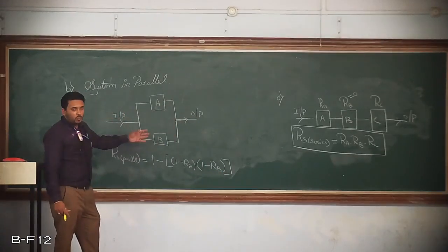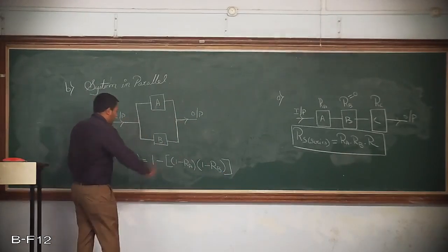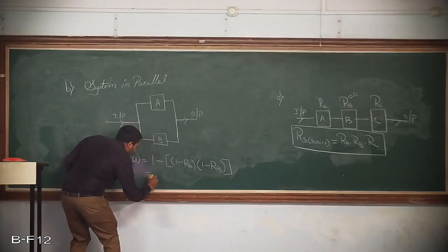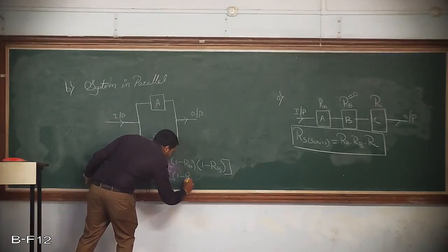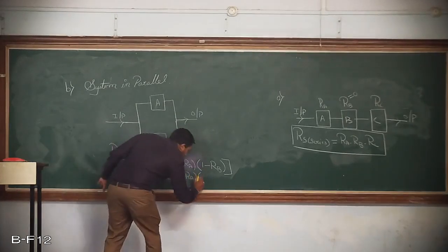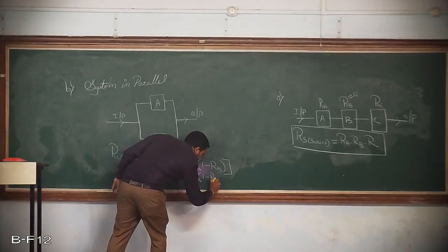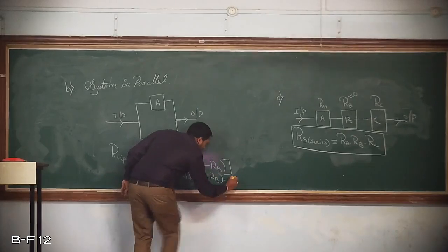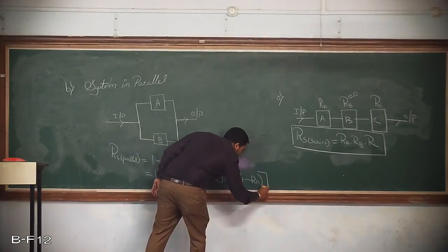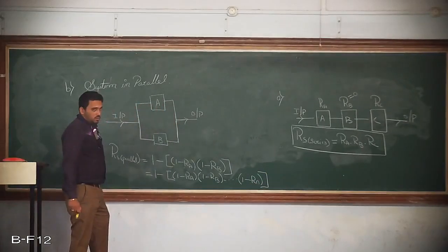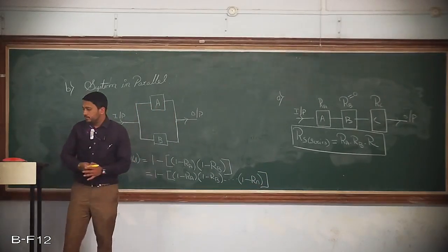It holds true for n number of parts. If there are n parts, then the formula becomes 1 minus (1 minus RA) into (1 minus RB) up to (1 minus Rn). Is that clear?